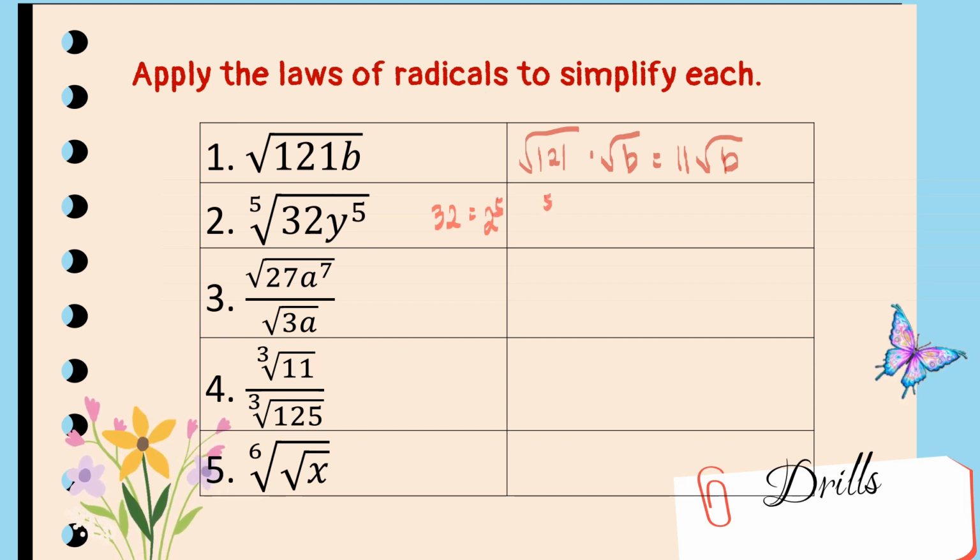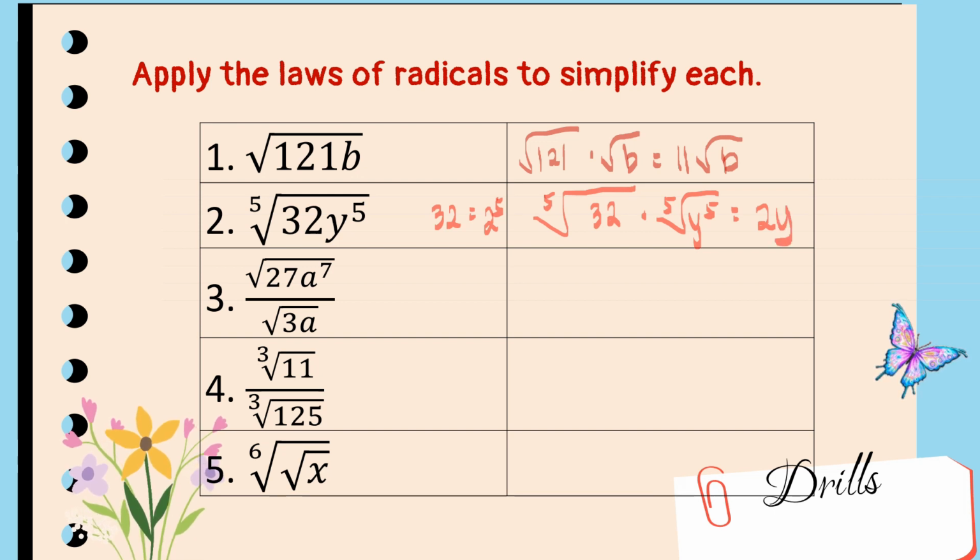So we can write that as the 5th root of 32 times the 5th root of y raised to 5. Since 2 raised to 5 is equal to 32, then the 5th root of 32 is equal to 2. And by the first law, the 5th root of y raised to 5 is simply y. So your answer must be 2y. Did you get that?